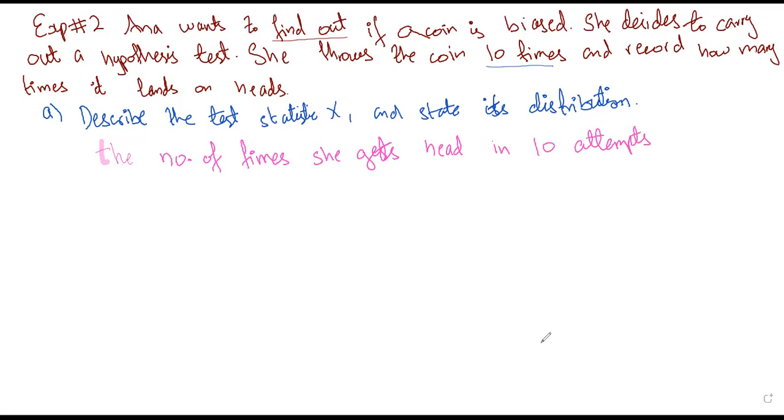Is this part clear? That this basically is going to be the number of times.